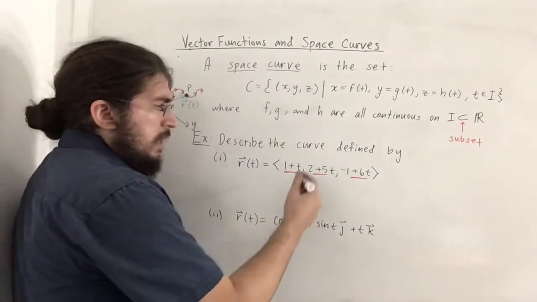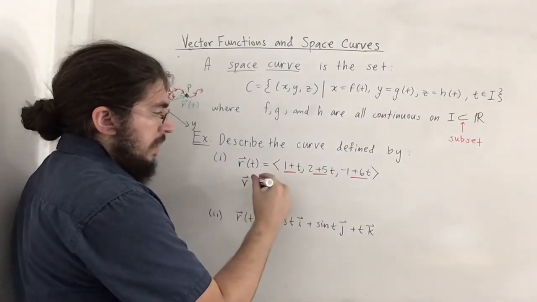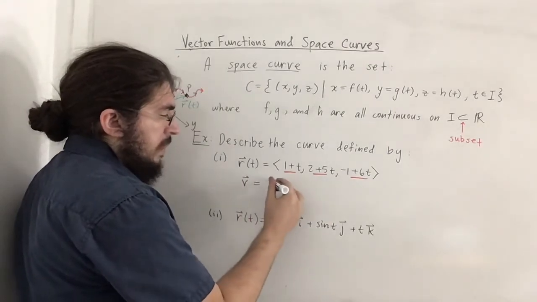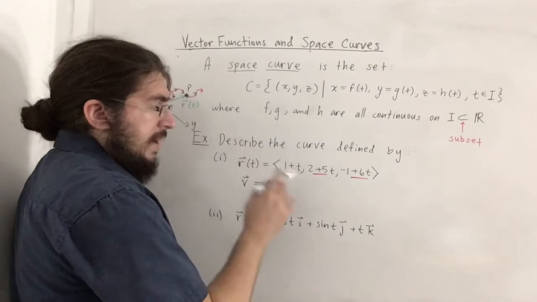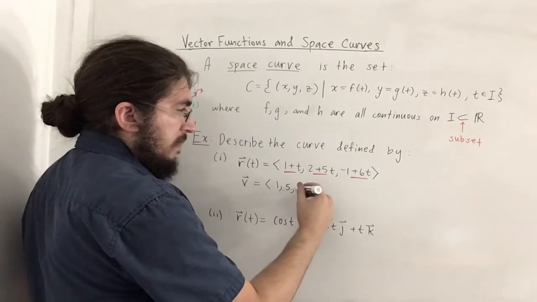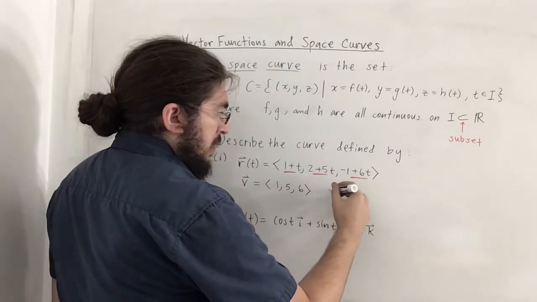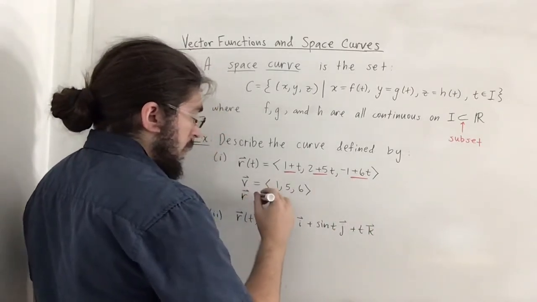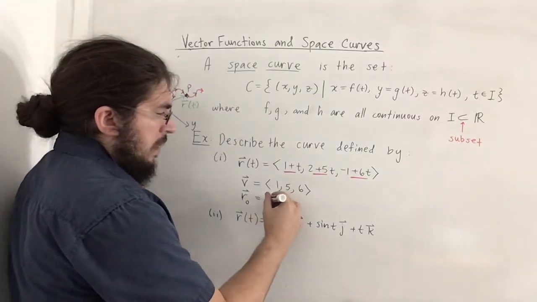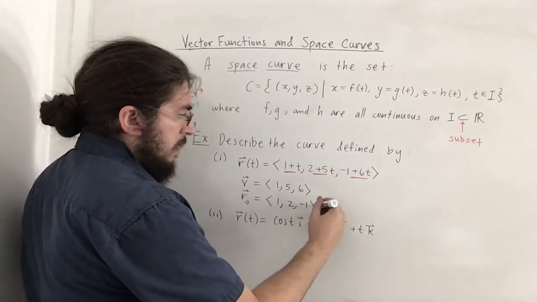In fact, if you look at the numbers in front of t, this describes the vector that we're parallel to, and we'll call it v. What v is, again, is just the vector whose components are the coefficients of t, which in this case are 1, 5, 6, and whose position vector is r naught, which in this case is 1, 2, negative 1.